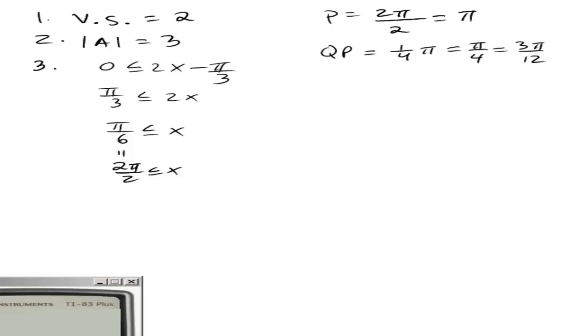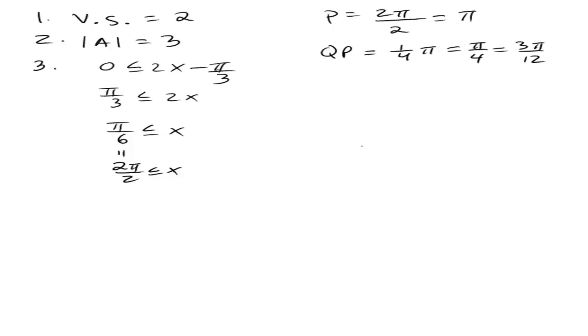So going in order, it looks something like this. Let me just move it up, okay, something like that. Hopefully that'll be good enough. Starting with the vertical shift, the vertical shift is 2.